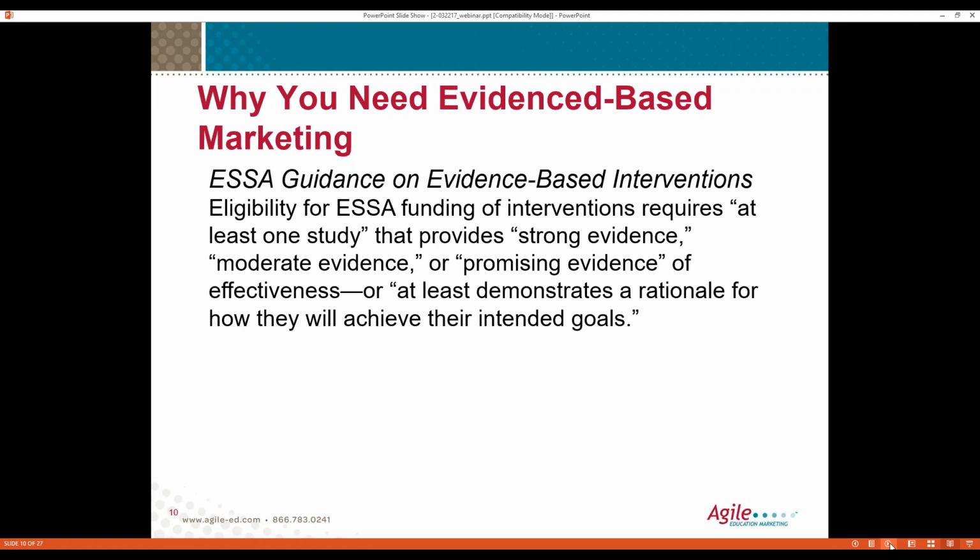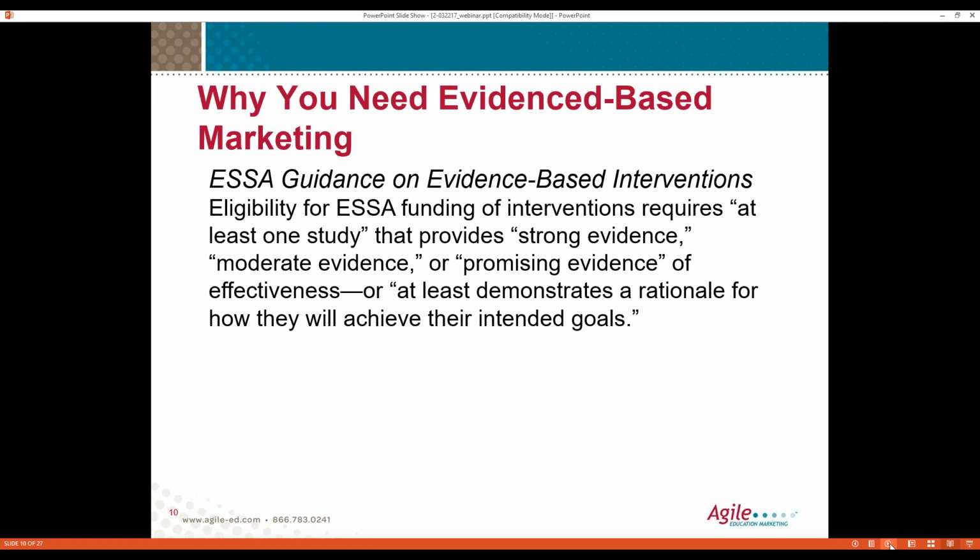It talks about requiring at least one study that provides strong evidence, moderate evidence, promising evidence of effectiveness, or at least demonstrates a rationale. And so let's just talk about what this all means. In this case, an intervention refers to an education program or product that you want to sell to schools and districts. And strong, moderate, and promising evidence, there are levels of the strength of evidence.